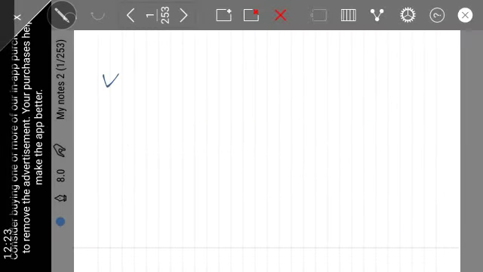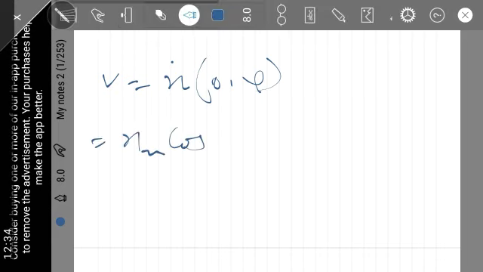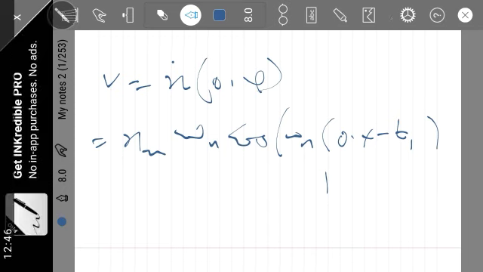So velocity v is equal to x dot at 0.4, which is equal to xm omega n cos of omega n times 0.4 minus t1, plus phi. It's minus t1 because it must cover t1 during the 0.4 time.